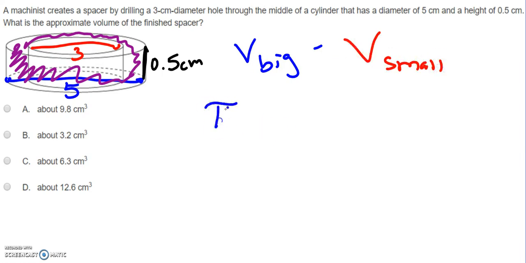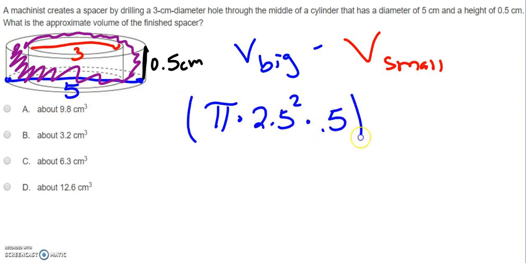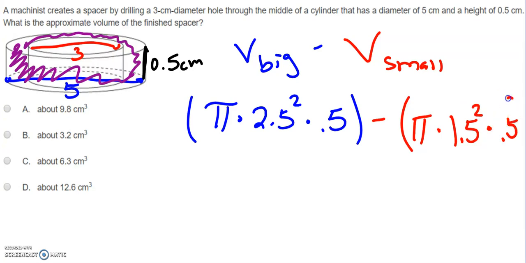So that would be pi times, now 5 is the diameter, so we need to cut that down to the radius, which is 2.5 squared times 0.5, minus pi times, again, 3 is the diameter, so we need to make this a radius of 1.5 squared times the height, which is 0.5.